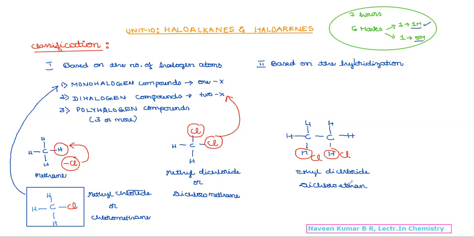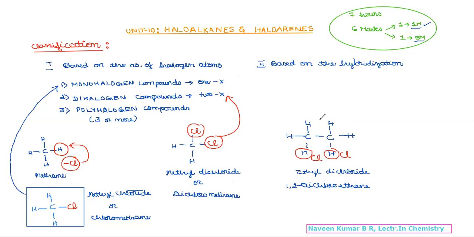With respect to exact positions, it is 1,2-dichloroethane. We'll observe nomenclature in detail. This is just given as an example. There are more important common names that will also be used, which we'll learn with exact classification based on the hybridization type and the special type.